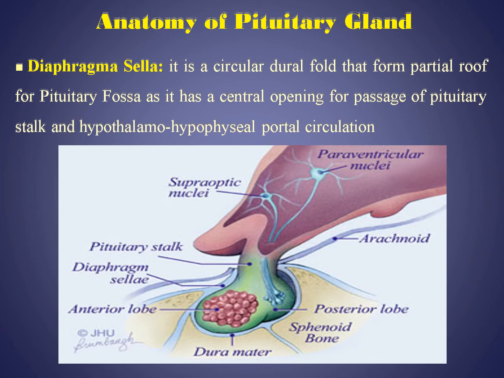This roof is not complete, it's partial, because it has a central opening that allows the passage of the pituitary stalk and the blood vessels connecting the hypothalamus with the pituitary gland. The importance of this dural fold is to restrict and prevent the presence of CSF in the pituitary fossa. So the pituitary fossa is a CSF-free structure.